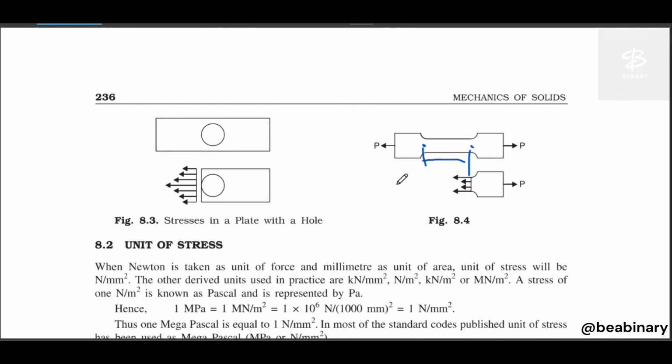The component breaks in a cup and cone shape, and you see the patterns obtained in the specimen. Tensile stresses are induced here, and the distribution obtained is basically parabolic.